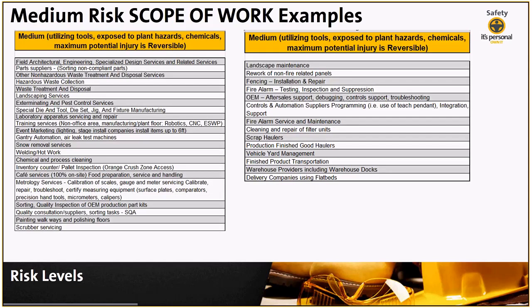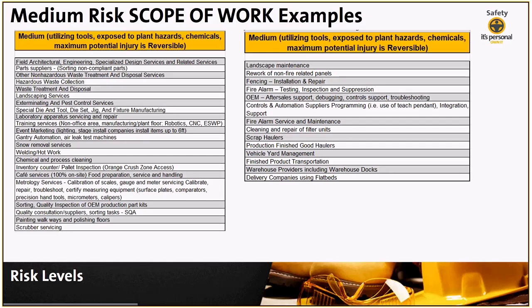Now we're looking at medium risk scopes of work. These are examples of typical scopes of work that we are saying are predefined as being medium risk. For instance, if you have a seller coming on site to perform landscaping maintenance, we're considering that as medium risk.